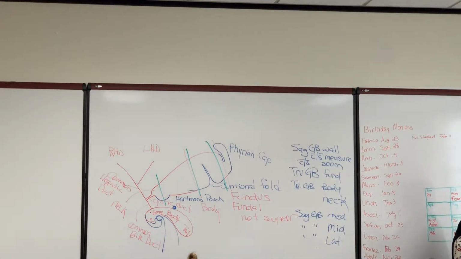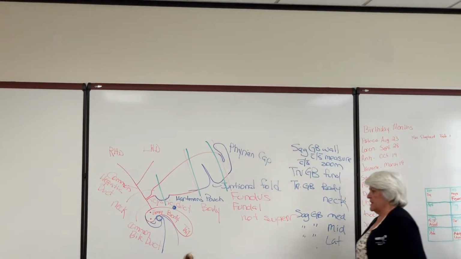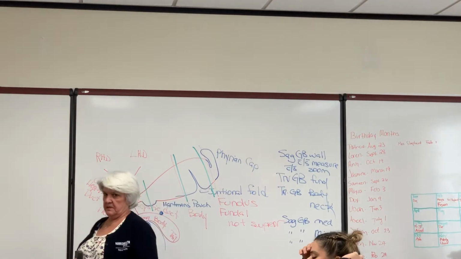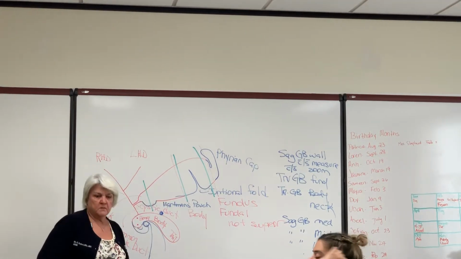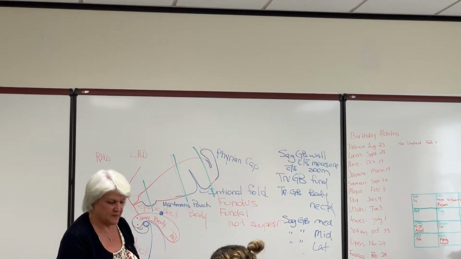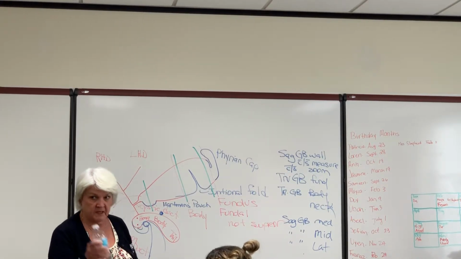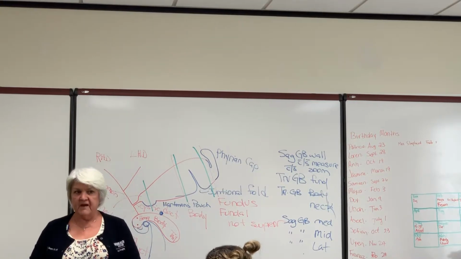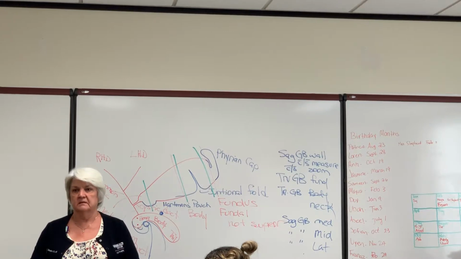What do you mean it's wrong? The gallbladder is wrong against the liver. If this is my gallbladder, okay? Here is my transducer. So if I'm on the gallbladder, what's gonna be the very first thing that I see?